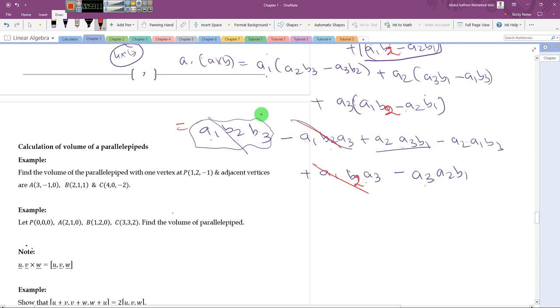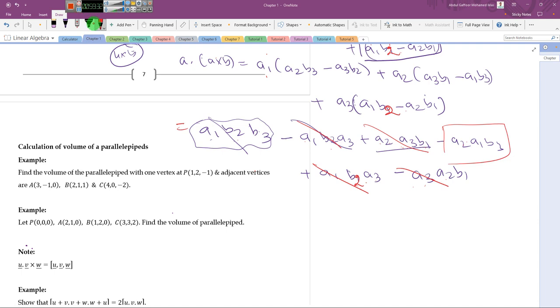Minus j. Again, if I hide this column and this row, then a1b3 minus a3b1, plus k.